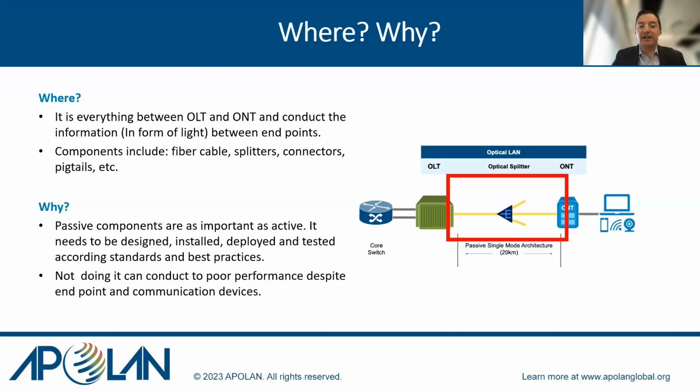The passive components are as important as the active. If you think about optical LAN, you can compare it with a car, and the passive side is like the wheels of the car. You can have the best car, but if you don't have the proper wheels, this car won't advance, and won't behave as desired.